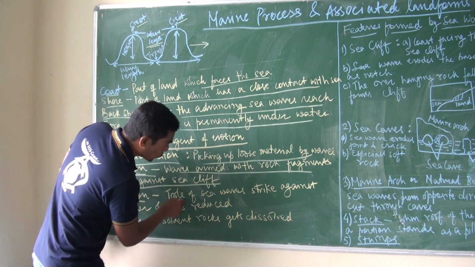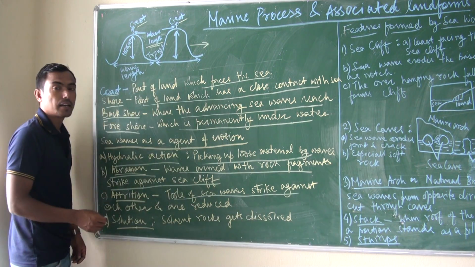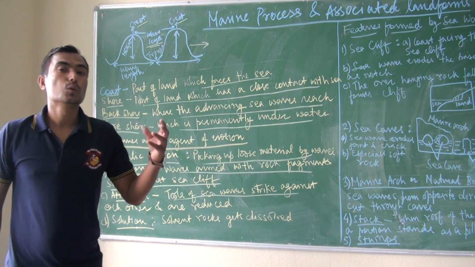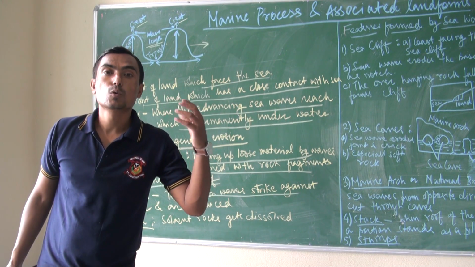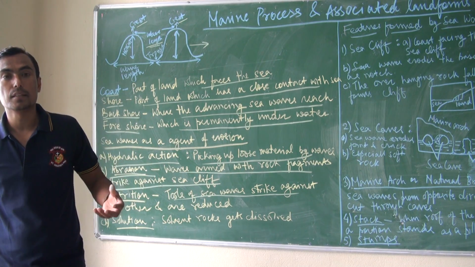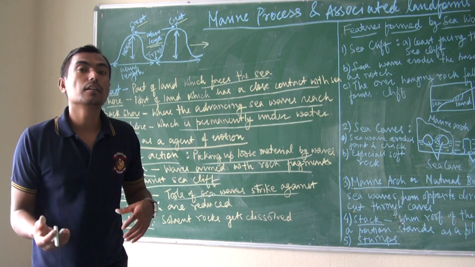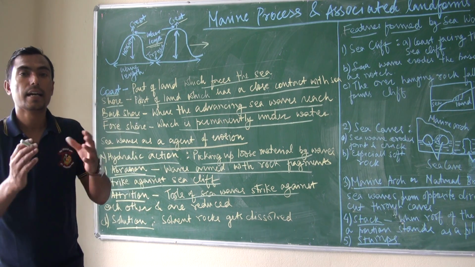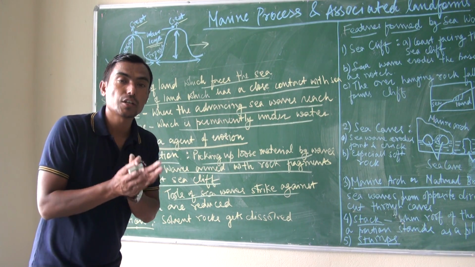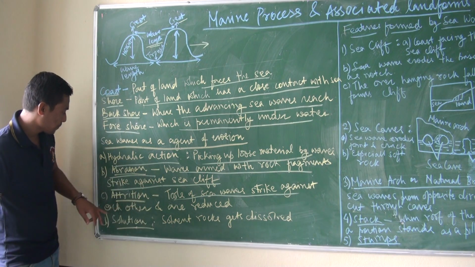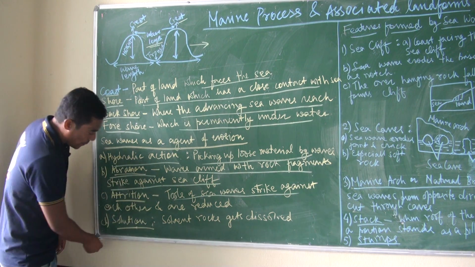Attrition: the tools of the sea waves strike against each other. Those fine or coarse sediments strike against each other, resulting in further reduction of size as well as change in shape, which is known as attrition. Next, solution.